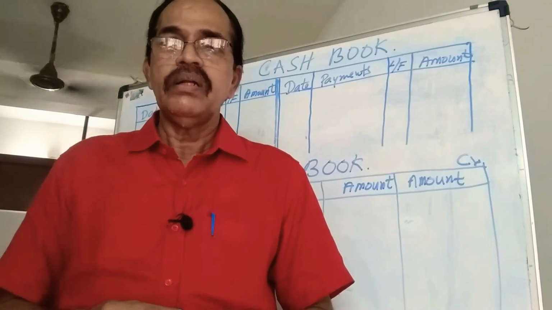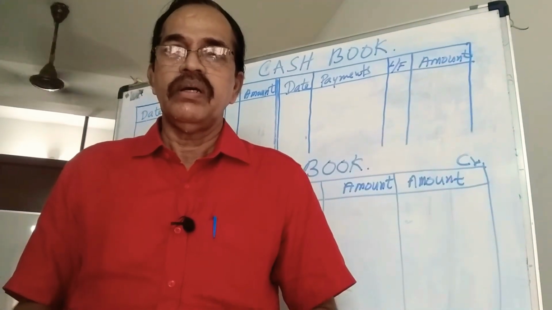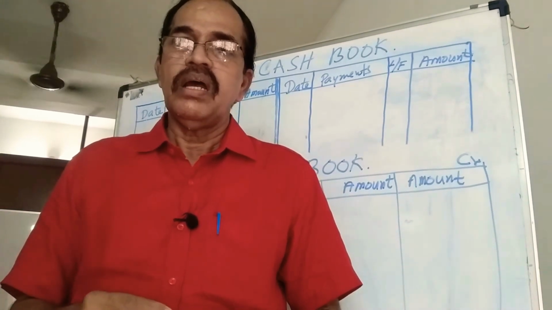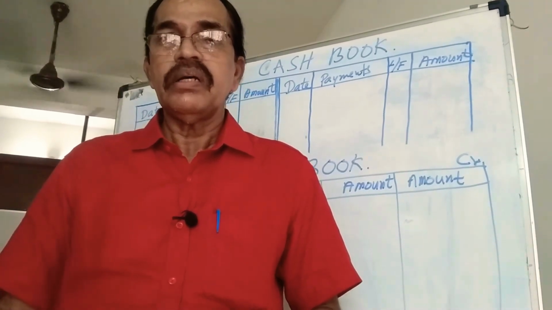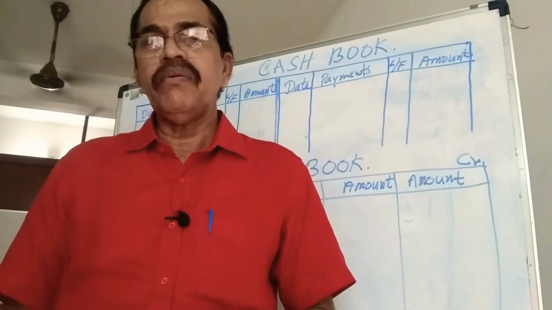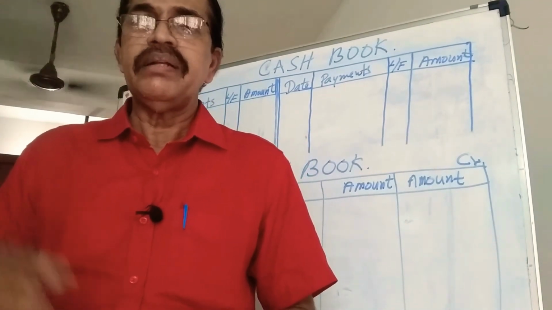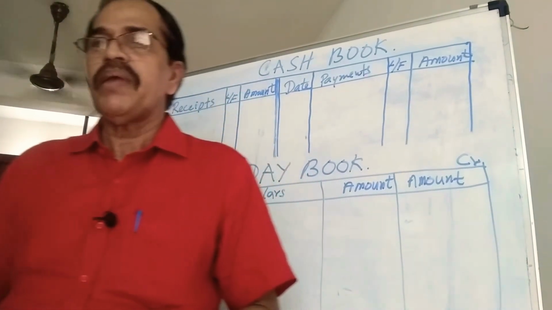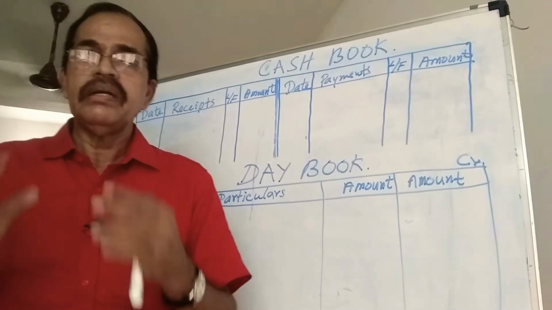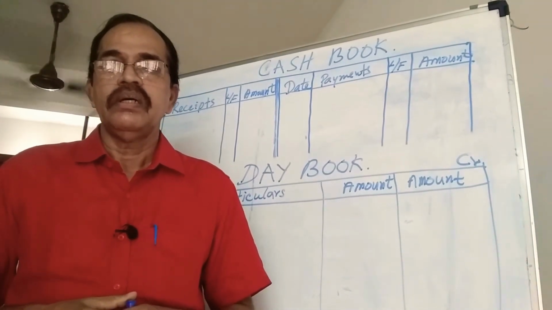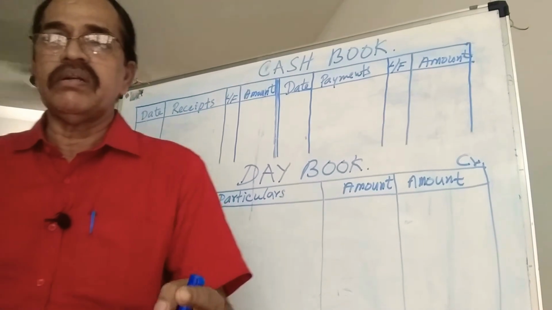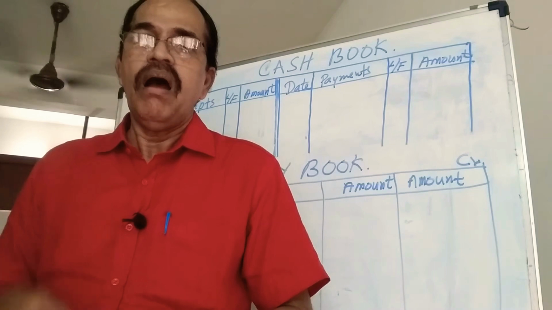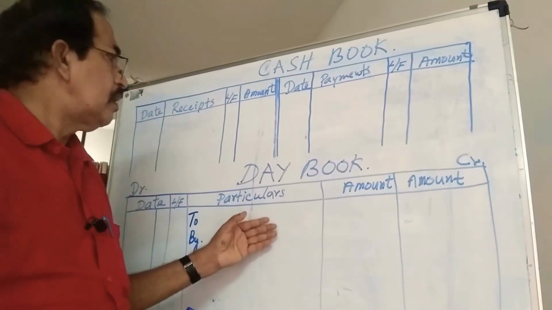In one file, there may be the invoices. In another file, there will be the purchase bills, and the sale bills in another file. Then we have the expenditure vouchers, the cash receipt bills, the debit notes, the credit notes, and the bank statements in different files. It is the information contained in these supporting documents that is recorded in the day book.